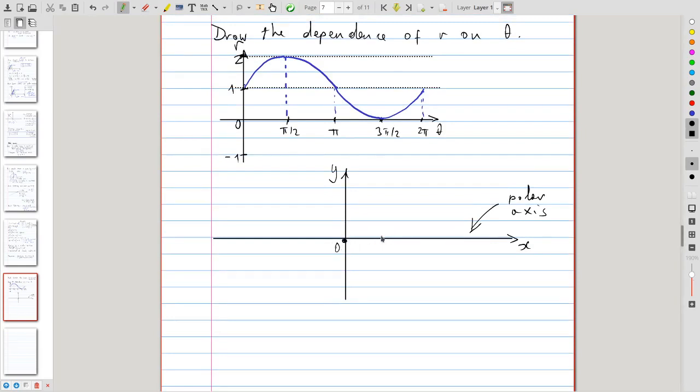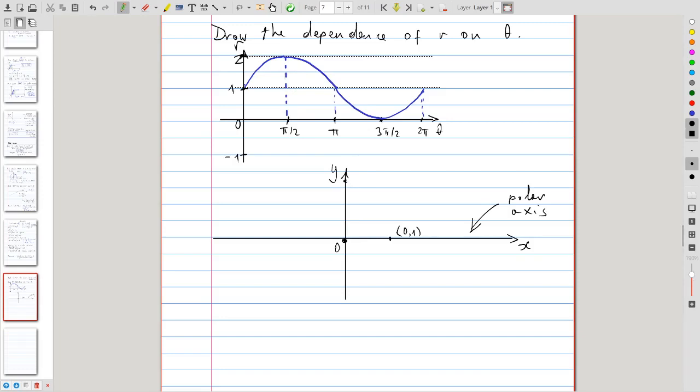And so what I will start with is I'll draw the intercepts that my curve has with these axes. So for this direction, which corresponds to theta equal to 0, I have r equal to 1. Right here I have to put a point that has polar coordinates 0, 1. So that's theta equal to 0, r equals 1. Then for this direction, where theta is pi over 2, I have the value of r of 2.